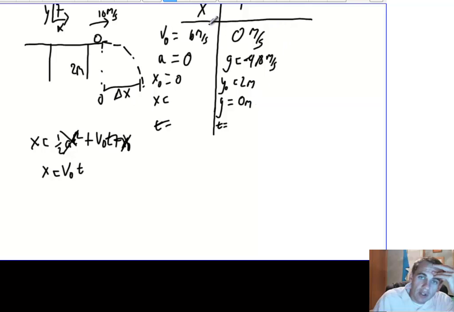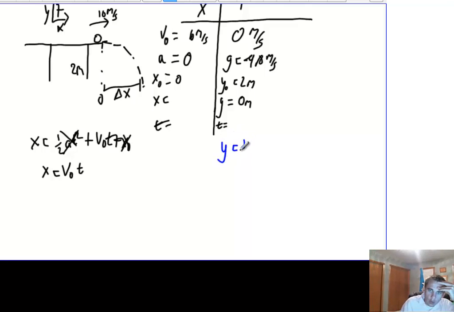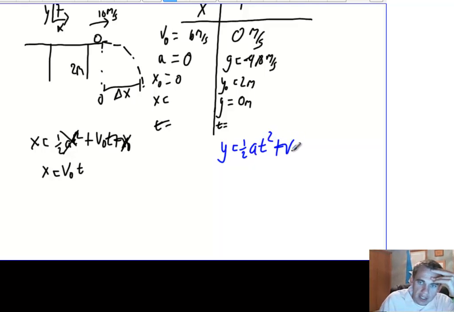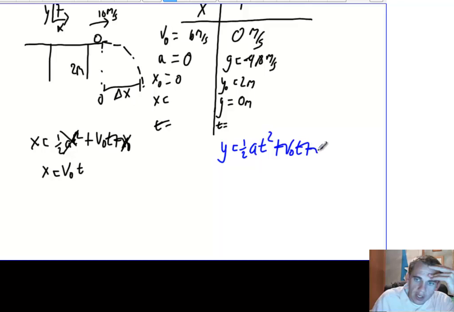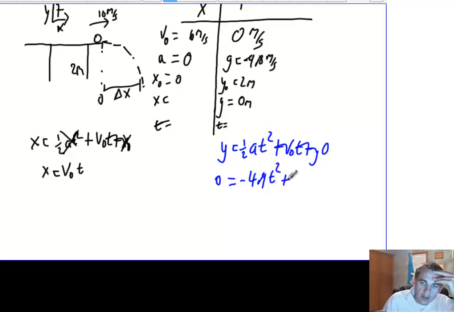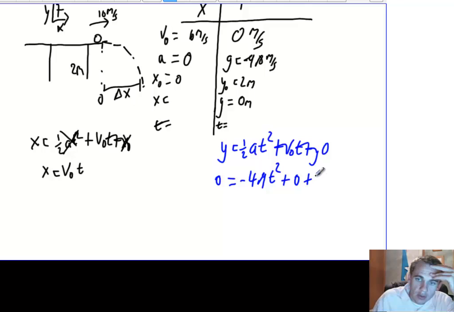However, if I come over to the y direction and use the same equation, y equals 1/2 a t squared plus v naught t plus y naught, then I can say final position 0 equals negative 4.9, that's half g, t squared plus 0, because it wasn't moving in y, plus 2.